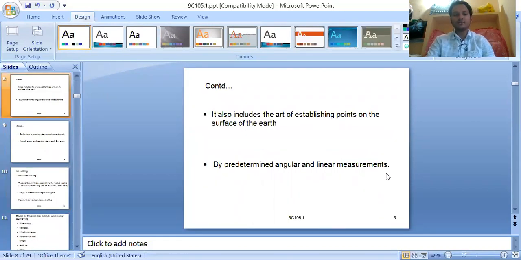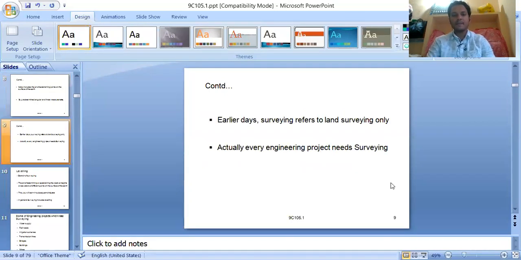It also includes the art of establishing points on the surface of the Earth. We not only determine the relative position, we also establish different points on the surface of the Earth in surveying. So this is done by predetermined angular and linear measurements. Earlier days, surveying refers to land surveying only.